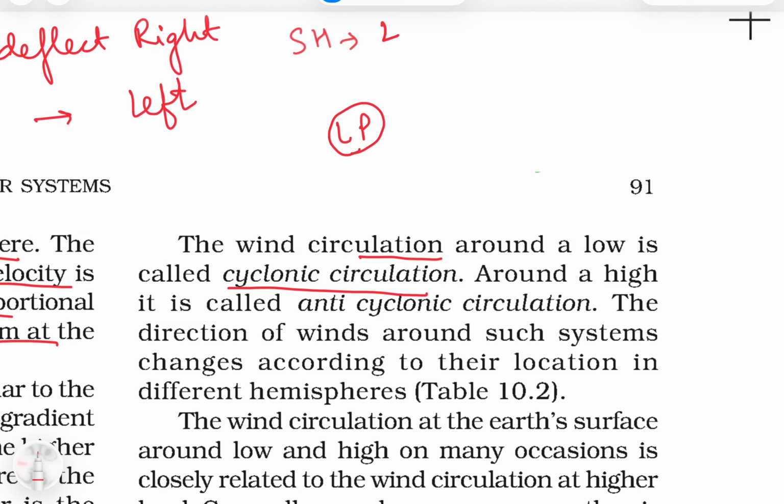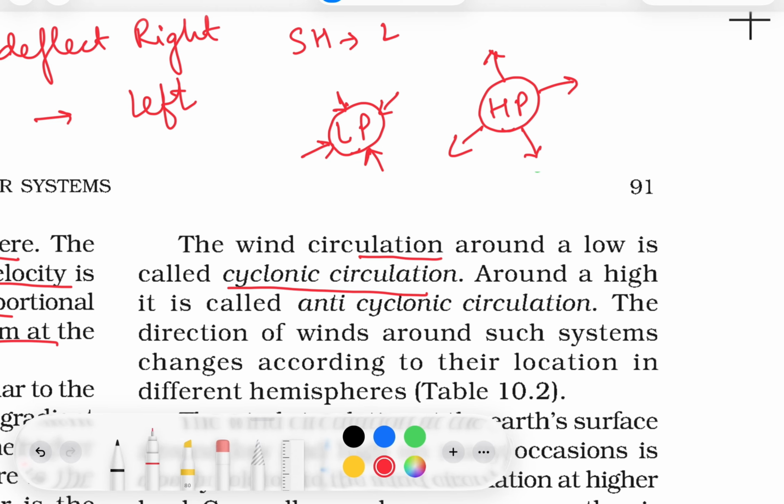If this is the low pressure area and this is the high pressure area, in the low pressure area wind will be sinking air, that is entering air, and in case of high pressure area wind will exit. High pressure to low pressure movement. Now deflection is toward the left side.